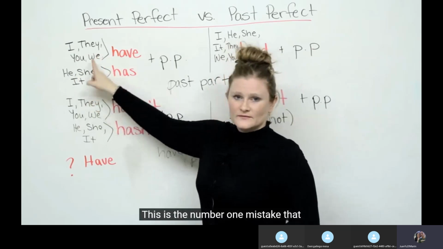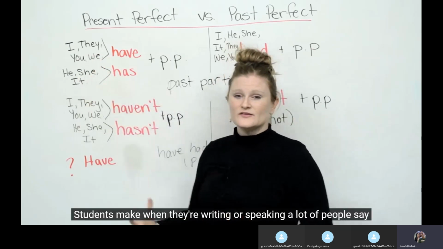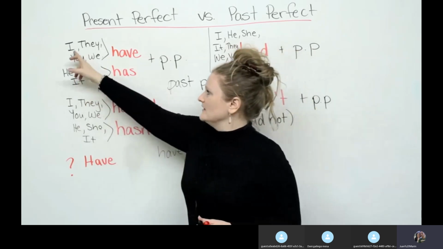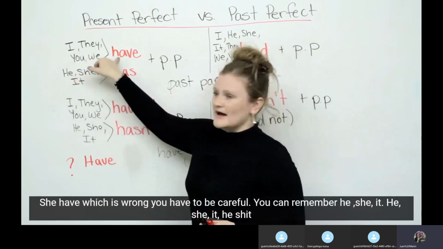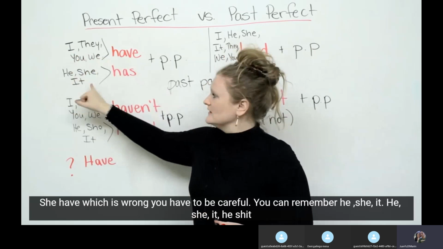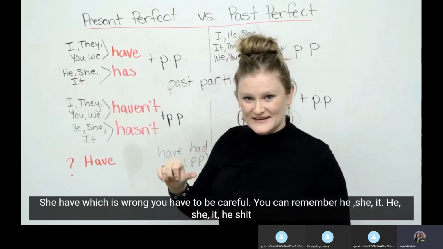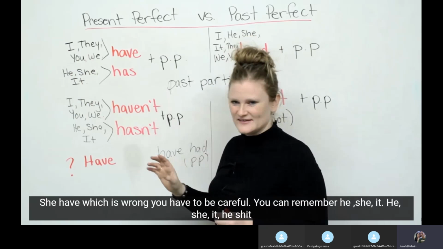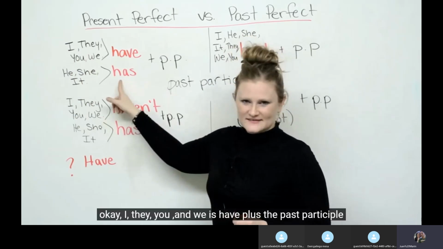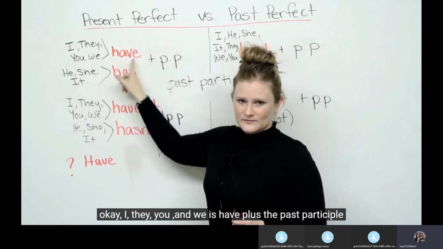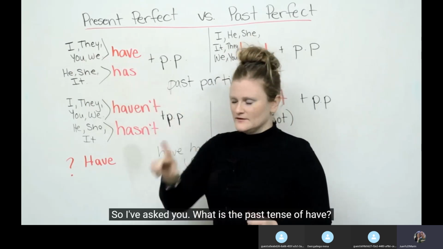This is the number one mistake that students make when they're writing or speaking. A lot of people say, she have, which is wrong. You have to be careful. You can remember he, she, it, has. Okay? I, they, you, and we is have, plus the past participle.